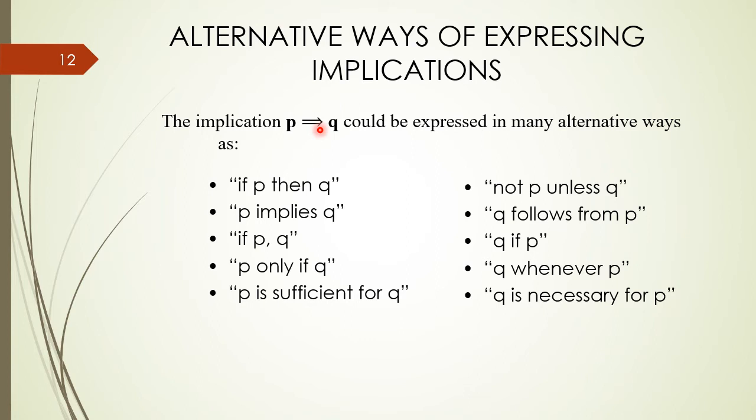For example, we can say this conditional statement if P then Q, or P implies Q, or if P, Q, and another alternative way, P only if Q, and we can also express it as P is sufficient for Q, and other alternative ways are not P unless Q, Q follows from P, Q if P, Q whenever P, Q is necessary for P. So all these given expressions can be used to describe the conditional statement in the form of P implies Q, or if P then Q.